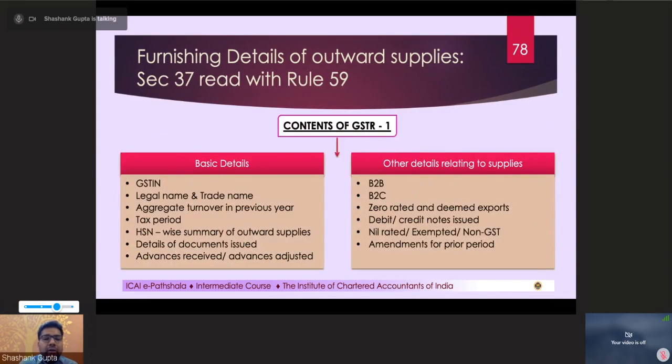And these are the contents of GSTR1: the GST identification number, legal and trade name of the entity, aggregate turnover in previous year, tax period, HSN summary of outward supplies, details of documents issued, advances received and adjusted, B2B supplies, B2C supplies, zero rated and deemed exports, debit credit notes issued, nil rated, exempted, non-GST, amendments for prior period.